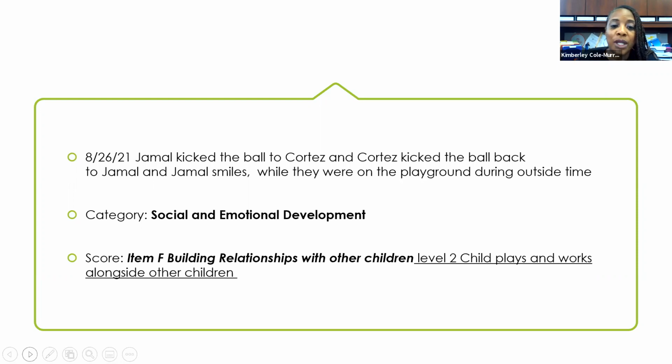Item F, building relationships with other children. And I've scored it a level 2, child plays and works alongside other children, because Cortez and Jamal are kicking the ball back and forth, and they're showing pleasure in kicking that ball back and forth and developing a relationship because he smiles at some point during their interaction.